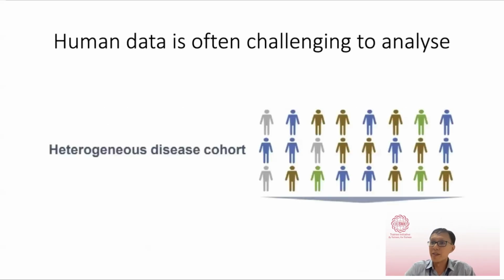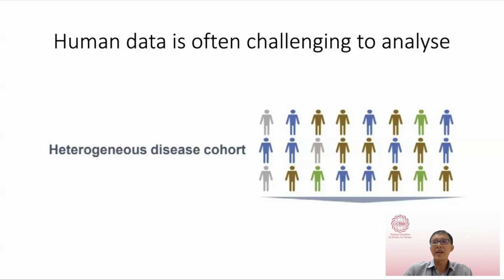So why do we bother about data curation? It is because humans are generally very complex. Everyone has a different genetic background, different environmental exposures, a different microbiome, and even different sleeping habits and so on, which can affect any kind of response, whether it's a response to vaccines, to a therapy, or to infection, for example.